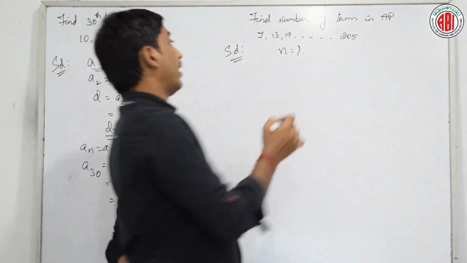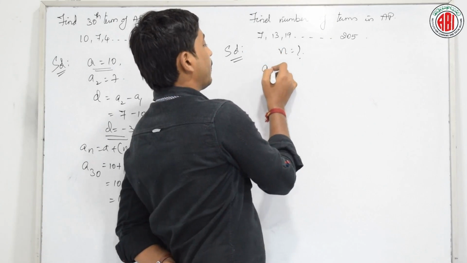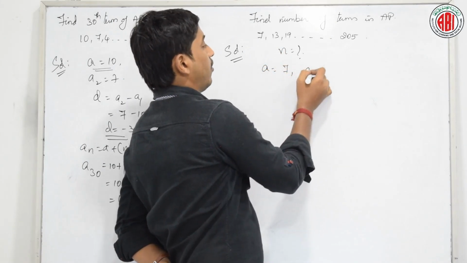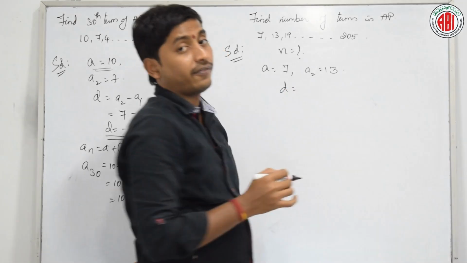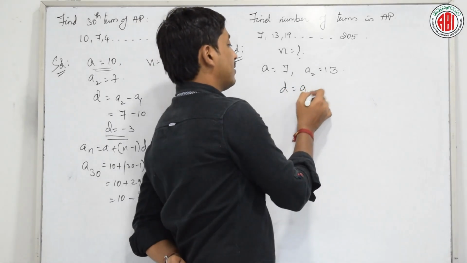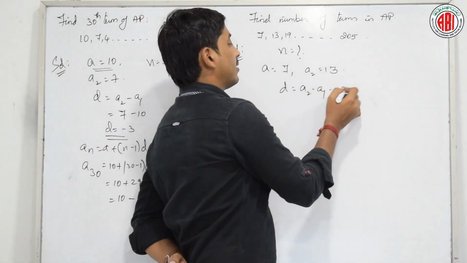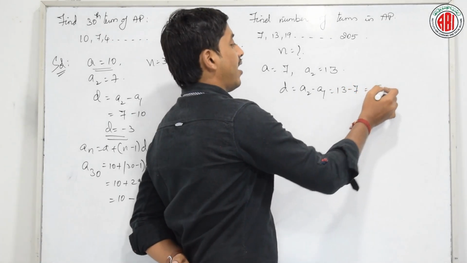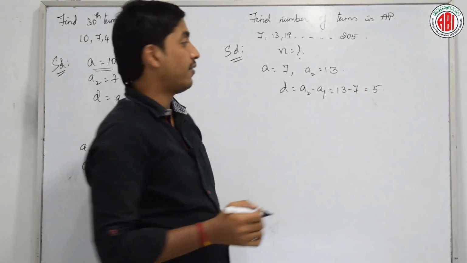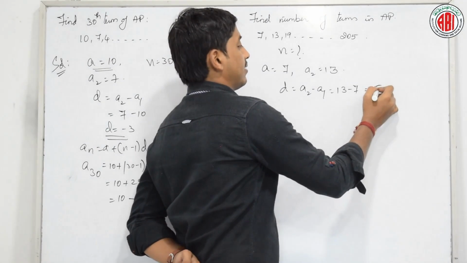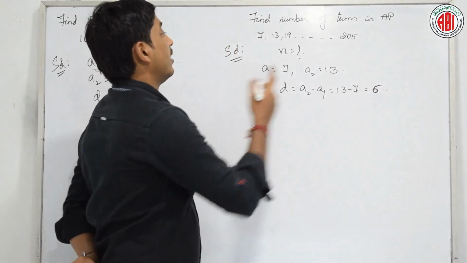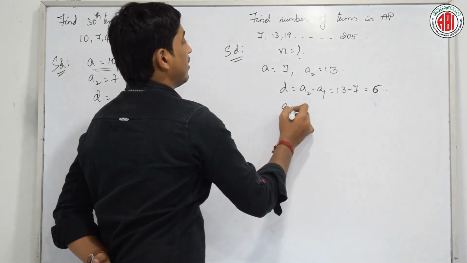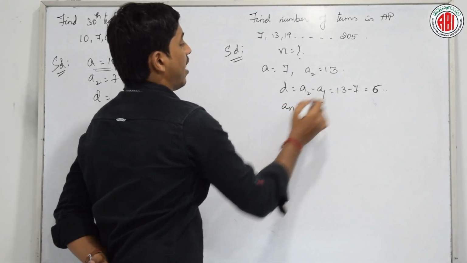What is the first term? 7. What is the second term? 13. What is the common difference? a2 minus a1, that is 13 minus 7, that is 5. Is it right? 5 or 6? It is 6. Is it fine? And the nth term is given as 205.